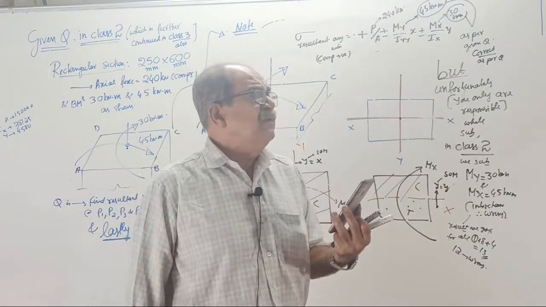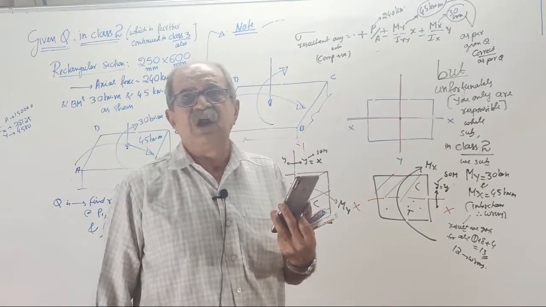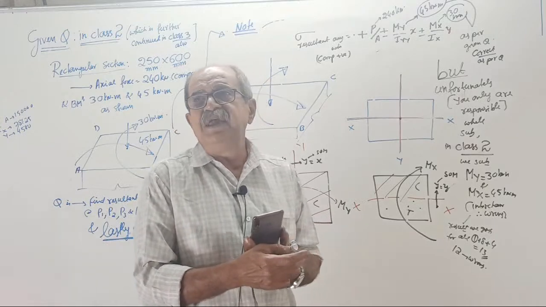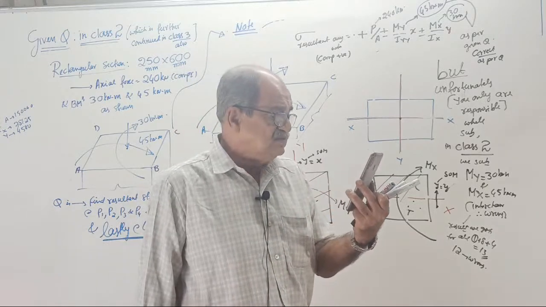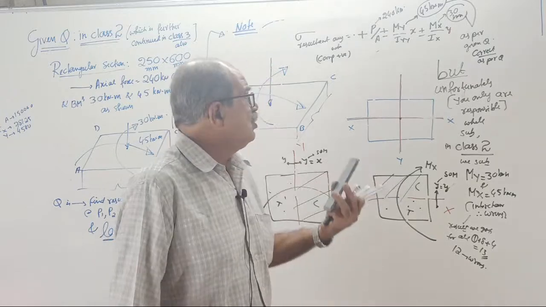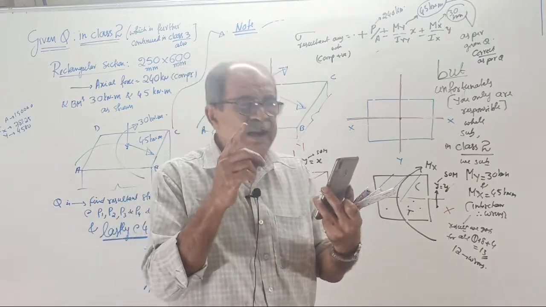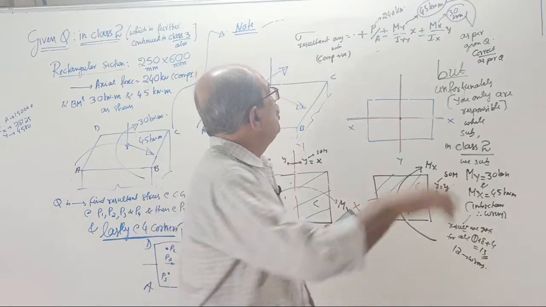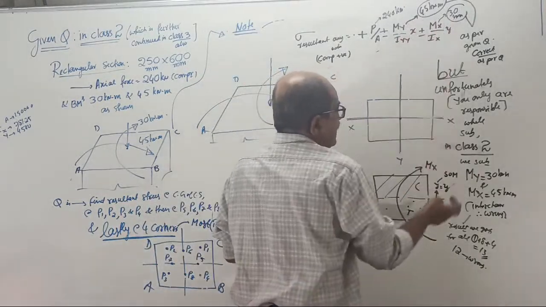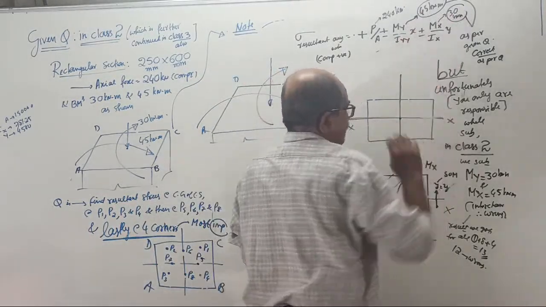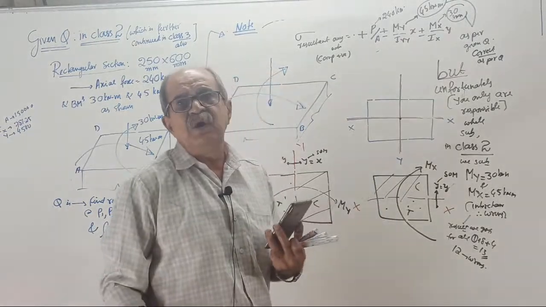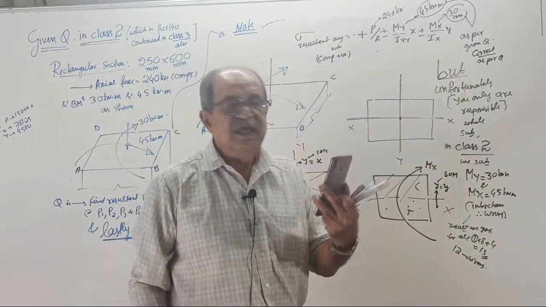Therefore, the answer we got in class 3 is correct or wrong? Class 3 only corners, where we took 45, 30. In class 2 you took 30 and 45. So the answer we got in class 3 for the 4 corners is correct.